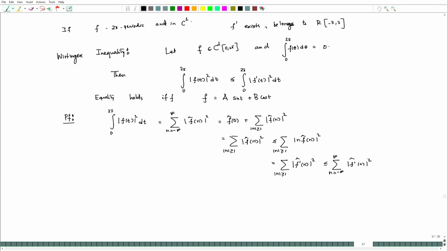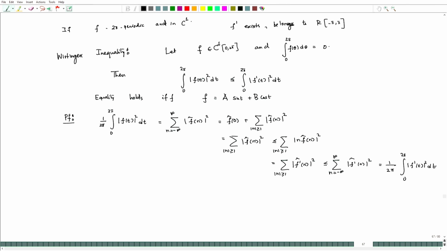I do not have any information about f prime hat at 0, but this is a non-negative quantity, so I can add that. Hence this is equal to, with a factor of 1 by 2 pi, the integral 0 to 2 pi of mod f prime of t square dt, and that is the Wirtinger inequality.